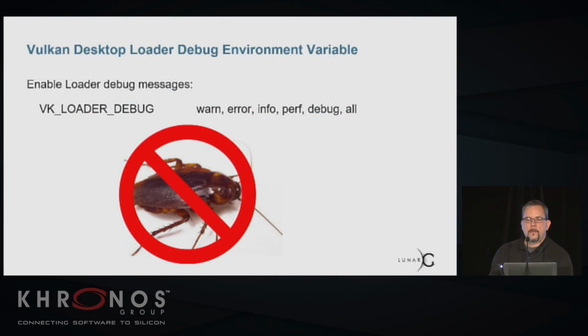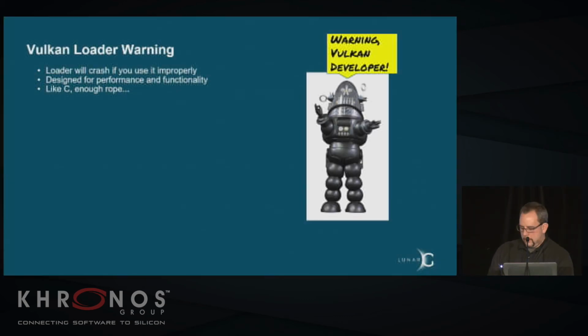So if you're using the loader, again, as I mentioned, it's very thin, and something happens, there is the option of just, on the desktop, outputting some debug information. And it's just an environment variable. That should work on Linux or Windows. Because Vulkan is very thin, and that includes the loader, you can crash it. If you do something incorrect, like if you pass an instance object to a device call, you will crash.